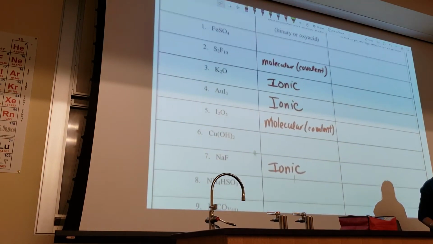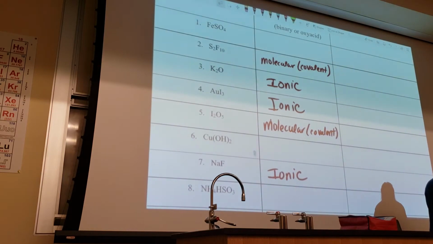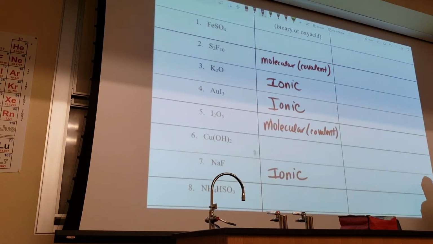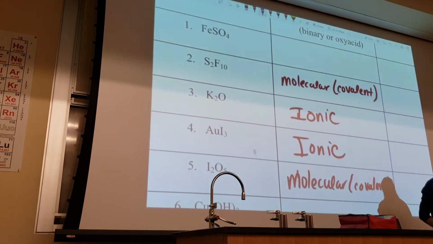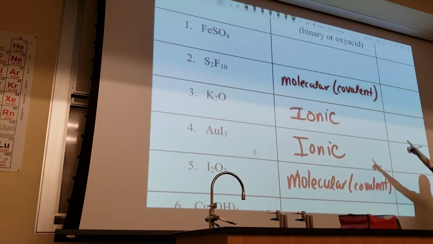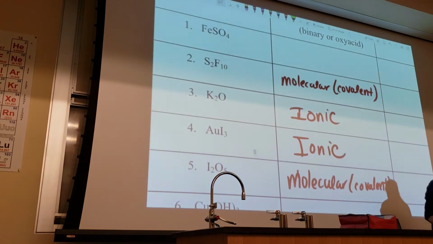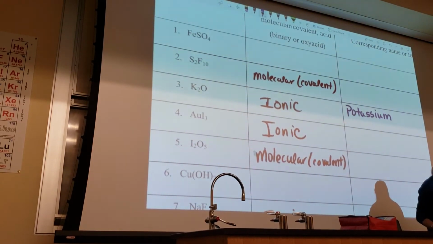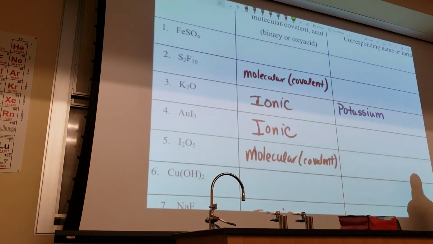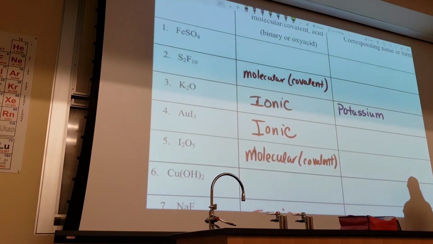Okay, look at number 3. Ionic. So potassium, does it always like to form one type of charge? Yes, it's in group 1, right? Always one type of charge. So you just name it how it is, potassium. And then the oxygen changes to oxide.